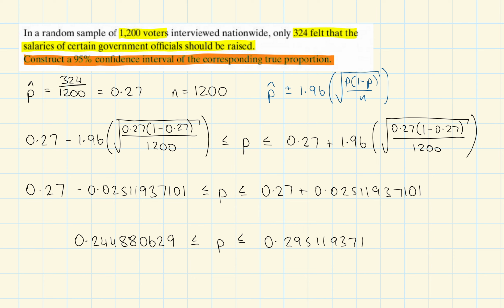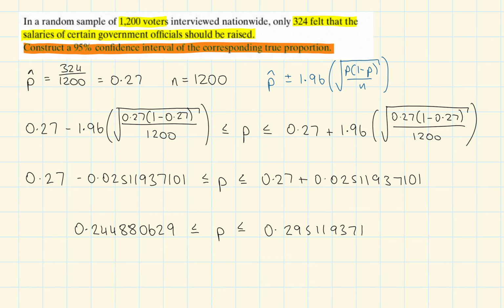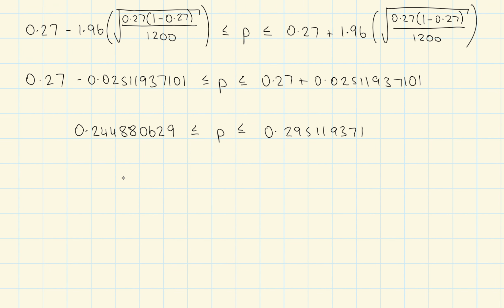The question doesn't clarify, but if needed then we'd round as well. So this one would be 24.45, and then here we'd have 29.51%. So just at the end, we can tidy it up to our range.